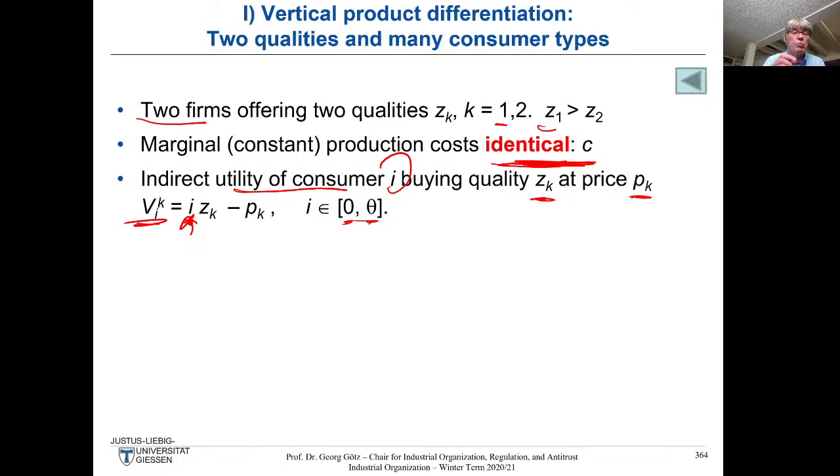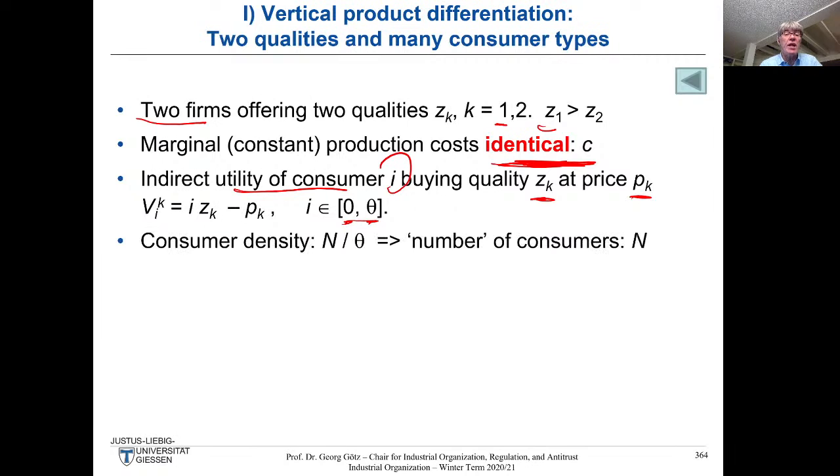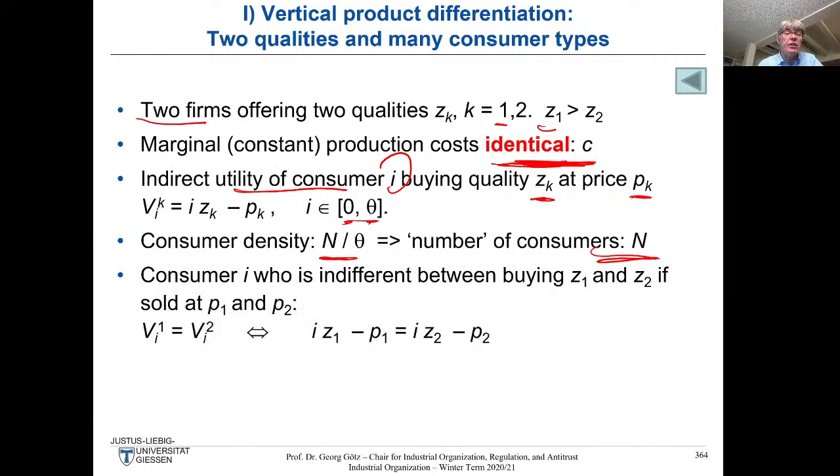High income means high willingness to pay for quality. The maximum willingness to pay for quality of a consumer would be theta times z here. That's what we already had. We assume that there's a certain number of consumers so that we get some density n over theta here. That's exactly the same as what we did up there.